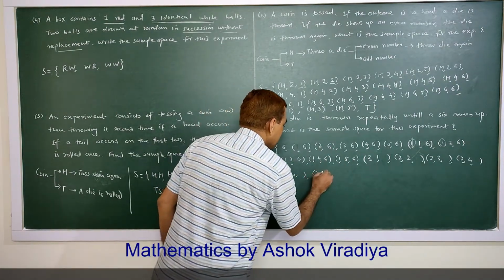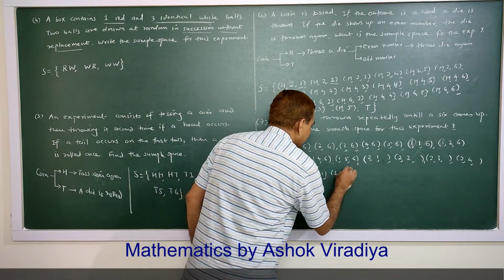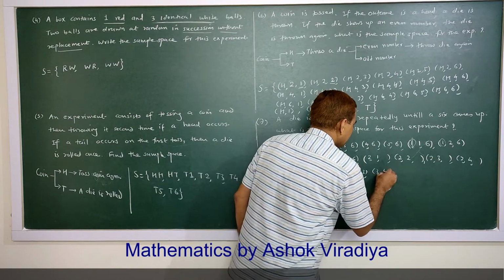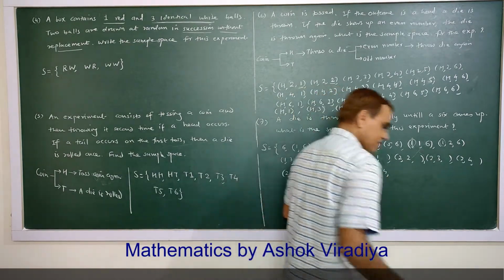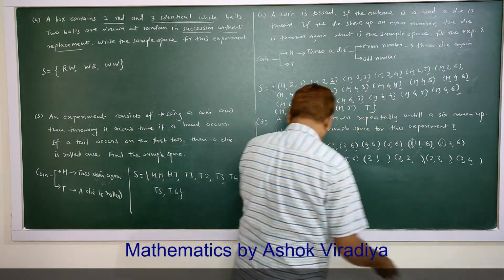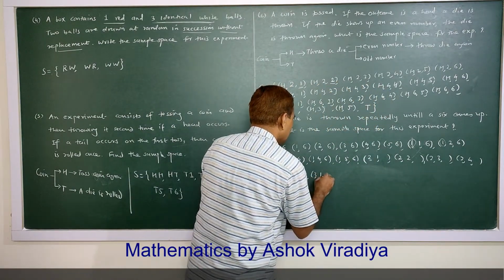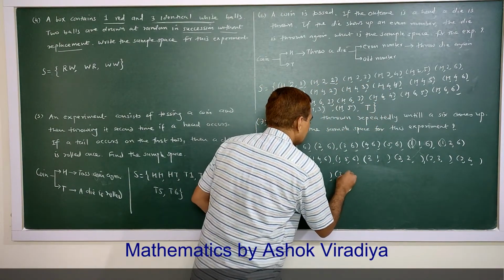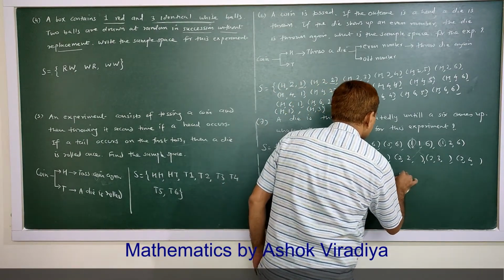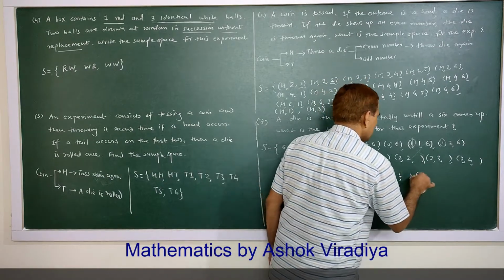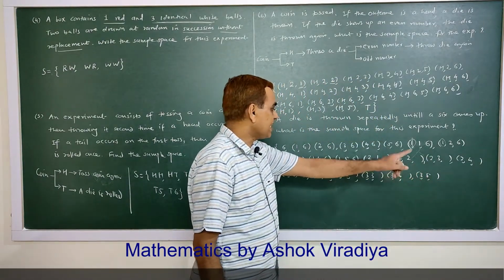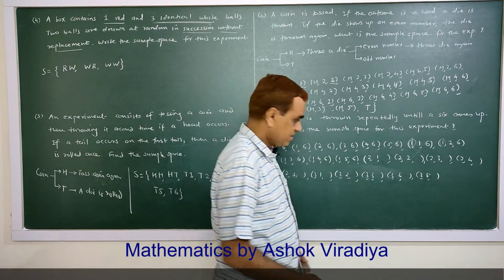Then 3, 1, 3, 2, 3, 3, 3, 4, 3, 5. Then don't put 3, 6, because at 6 the experiment will be over.